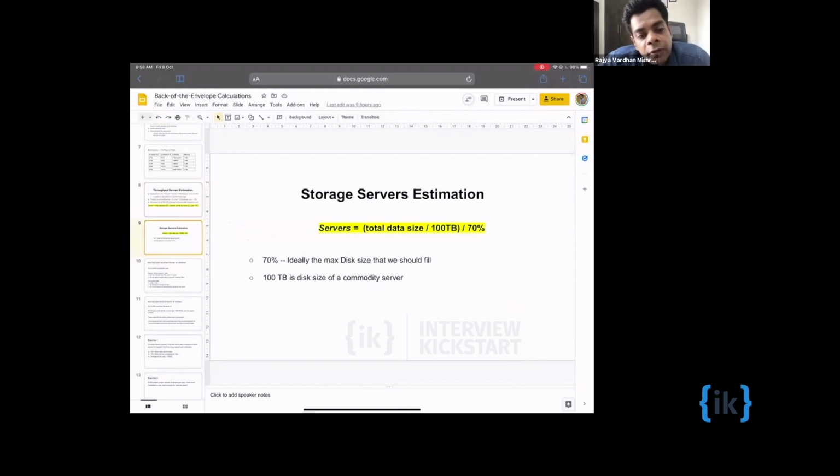Okay, so similarly, how do we calculate how many storage servers are required? Right. So in this case, first we estimate what is the total data size that is required.